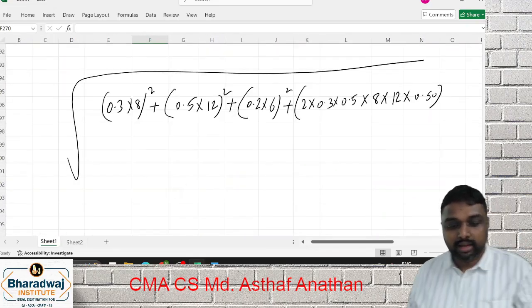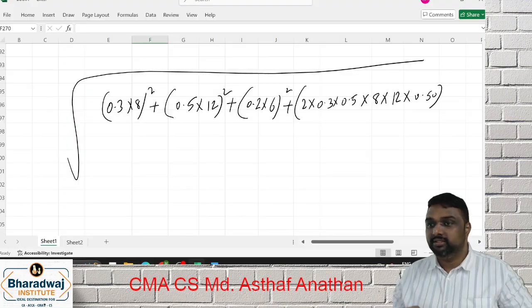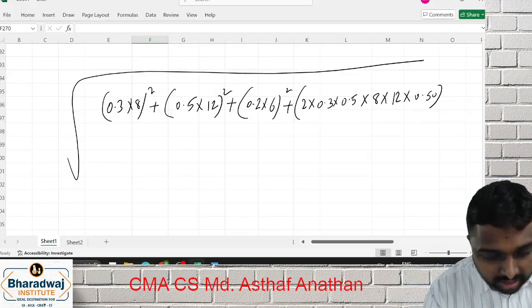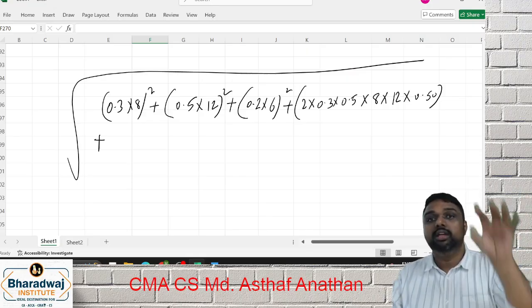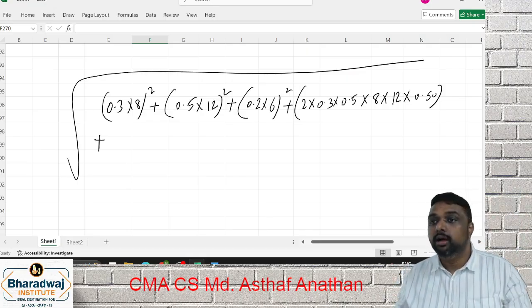Now the second one. What are they giving next? AC is given. We will go in the same order. I think in the regular class I gave this as homework. Now I am solving it because I want to revise all this area for you.